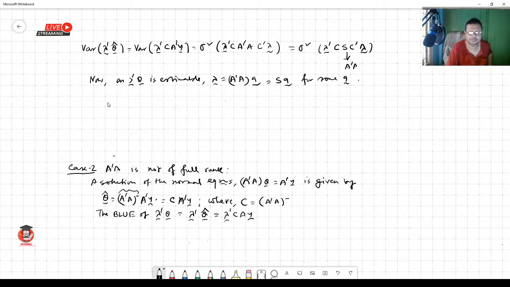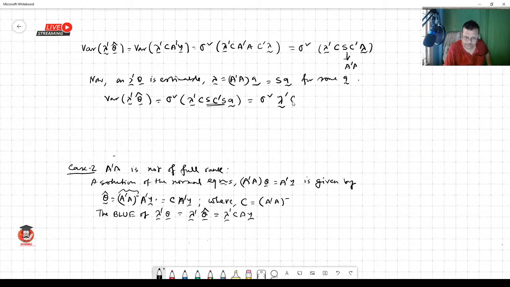So variance of lambda curl prime theta curl hat is equal to sigma square lambda curl prime C S C prime S Q curl, and see that S is a G inverse, S C S equals S, so this is equal to lambda curl prime C S Q curl.